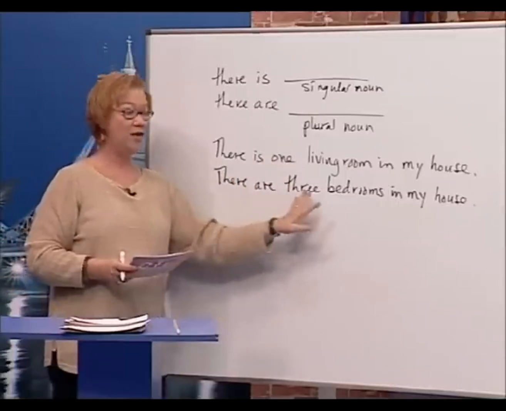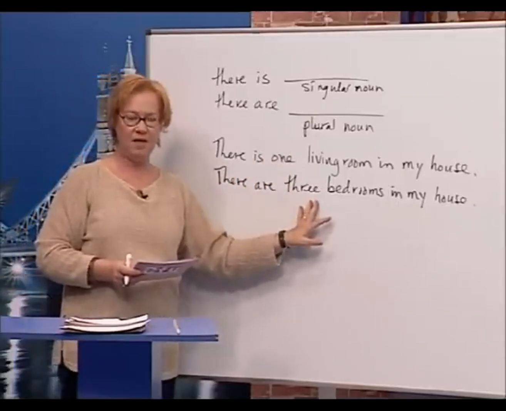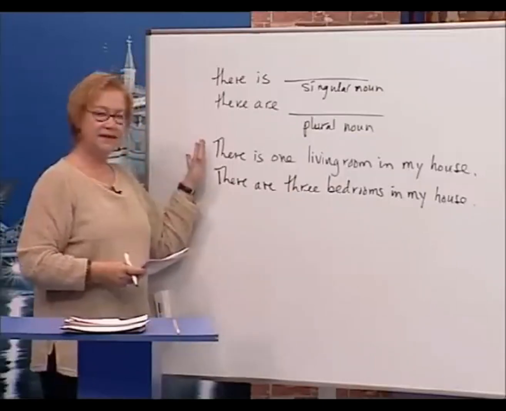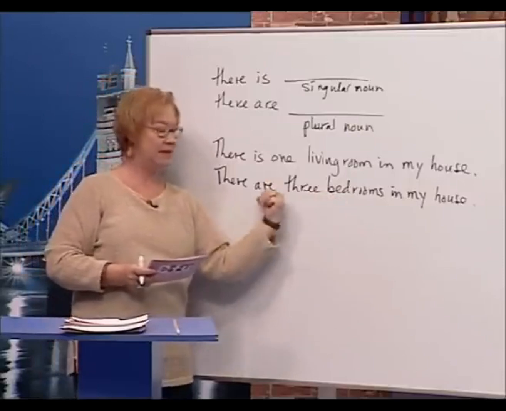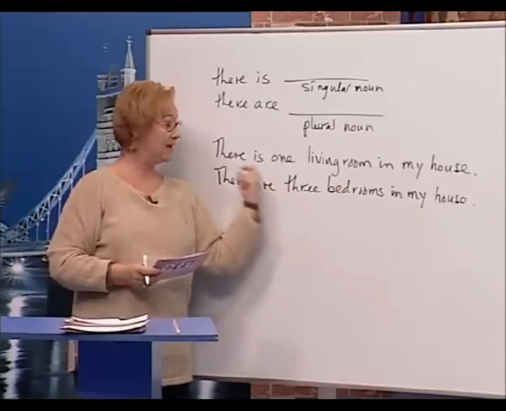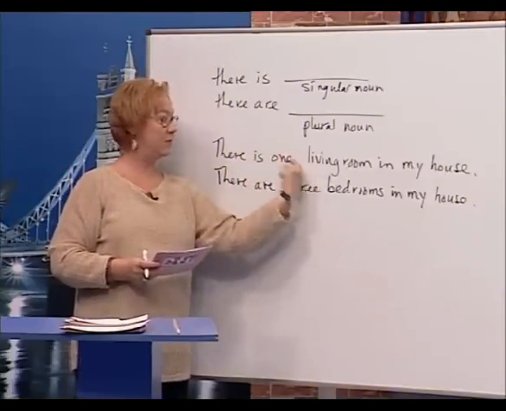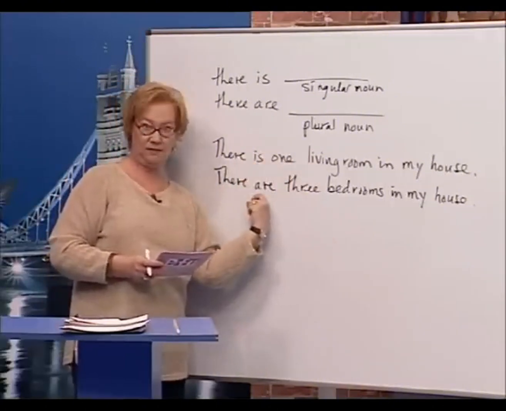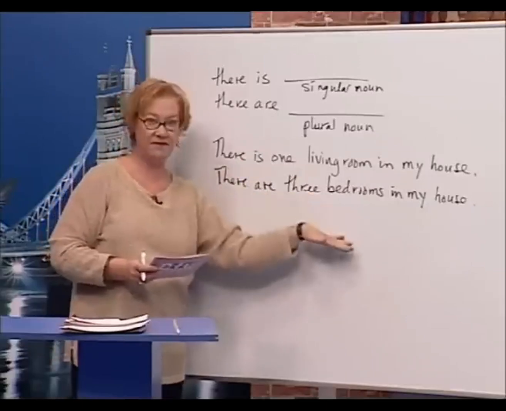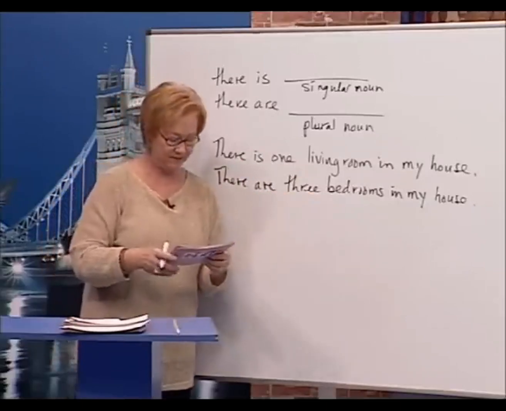There are 3 bedrooms. Now, with there is and there are, you have to look here and then to see the verb. Okay? So there is one living room, is. There are 3 bedrooms, are. So you have to look after to see what the verb is.